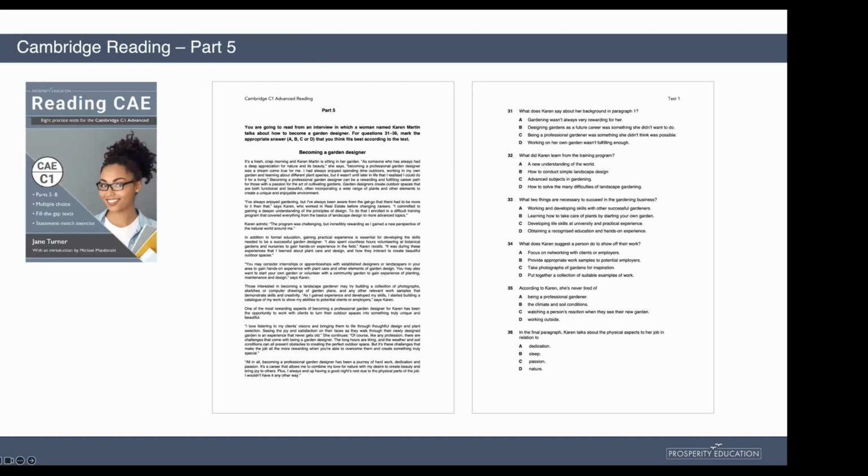So moving on to reading, again, I'm taking an example from another C1 title. And reading at C1, as you may know, comprises 4 parts, whereas at B2 and C2, it's just 3. And the reading content is part of the use of English and reading paper. So this is part 5, continuing from part 4, use of English.